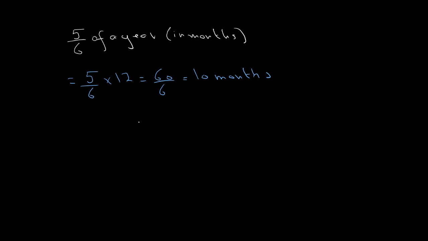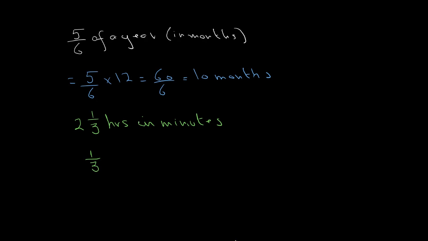And if I want, let's say, 2 1/3, so I want to figure out what is 2 1/3 hours in minutes. Well, I know that this is 2 whole plus 1/3, so I just want to figure out what 1/3 hour is in terms of minutes.